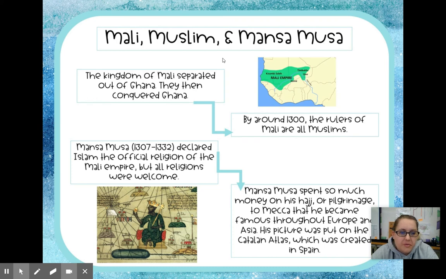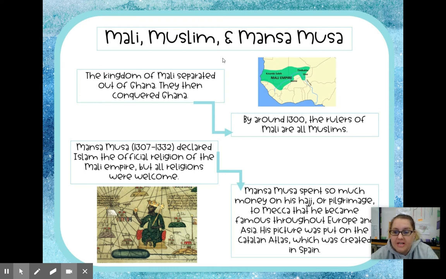All right, so here's where we have that separation where the kingdom of Mali pulled apart from the kingdom of Ghana. And after they pulled apart, they went ahead and conquered Ghana. So Ghana is gone. It is bye-bye. So now it is one big kingdom called the Mali Empire, which you can see here in the map.